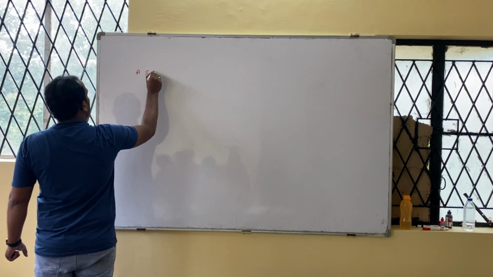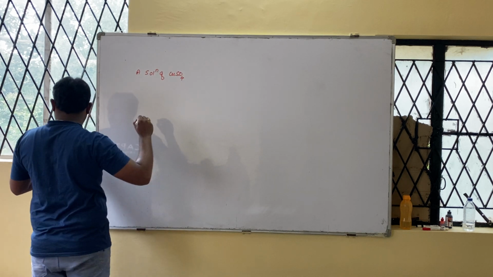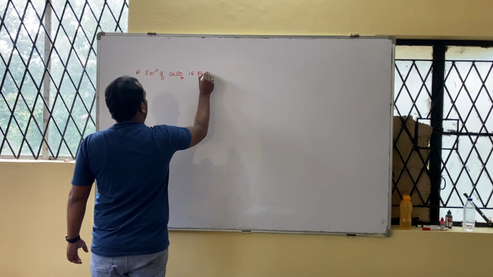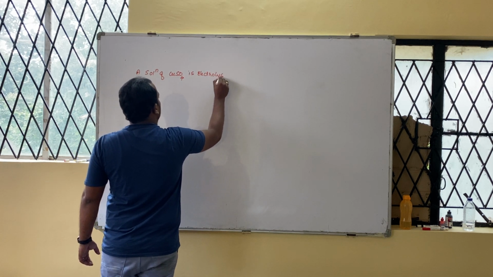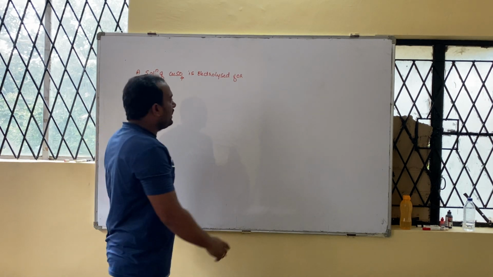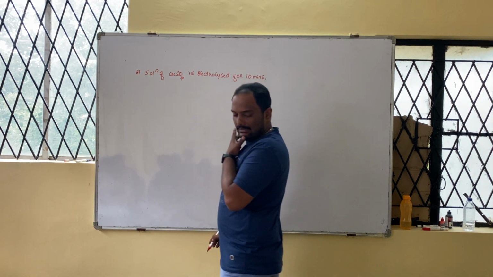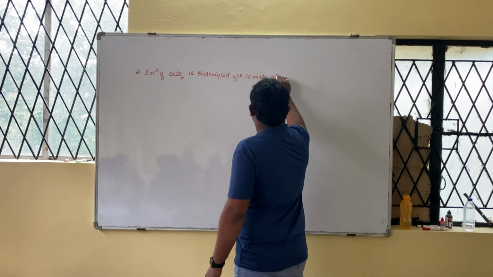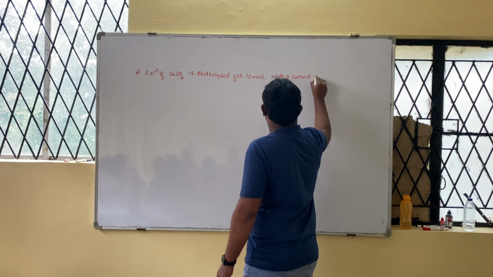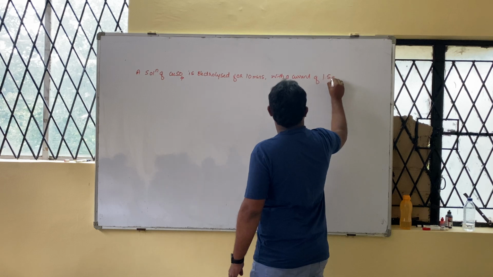A solution of copper sulfate, CuSO4, is electrolyzed for 10 minutes with a current of 1.5 ampere.